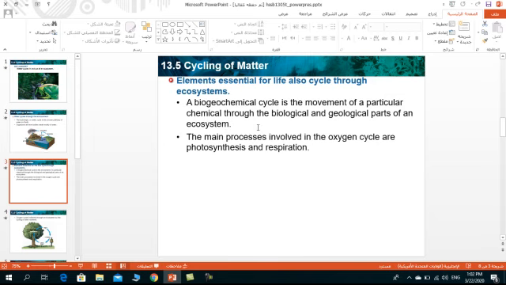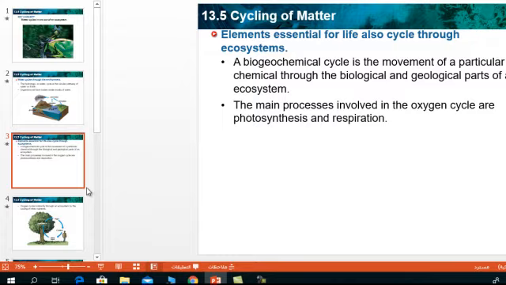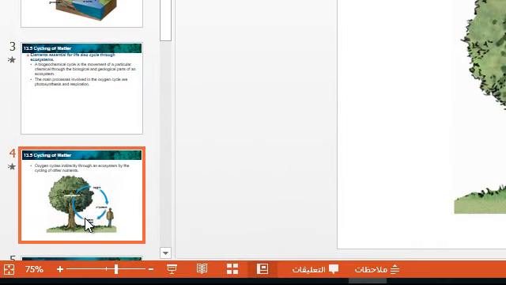That's why we are going to talk about the oxygen cycle. As you can see here in this figure, the plants carry out a process known as photosynthesis.